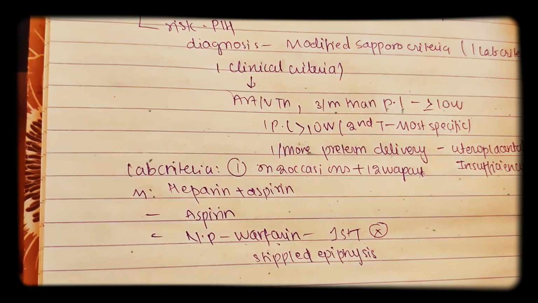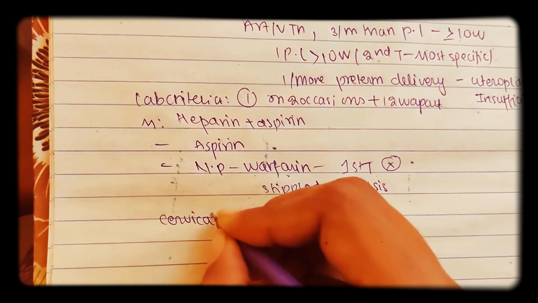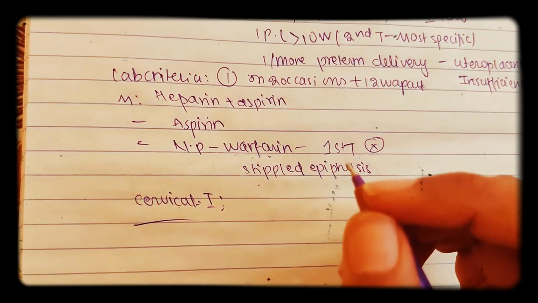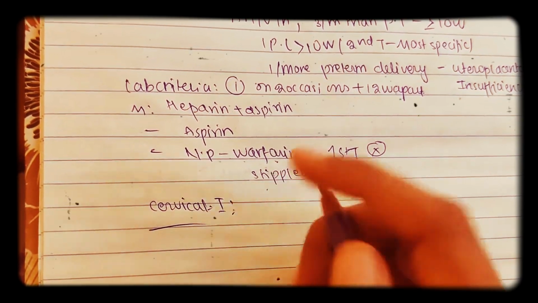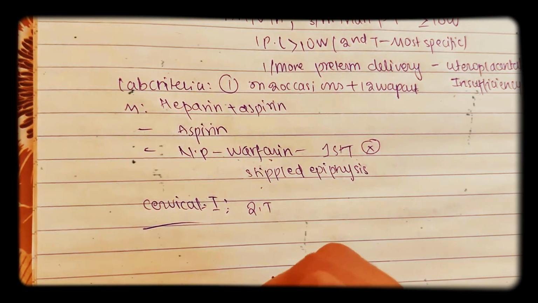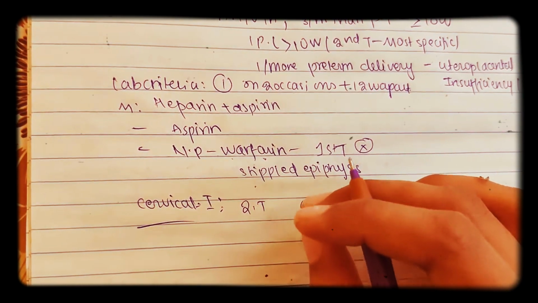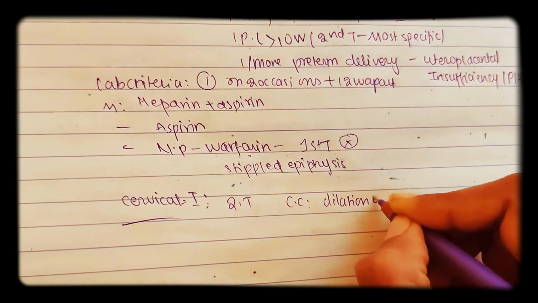Now coming to cervical incompetence. As we discussed the reasons for recurrent abortions, the second most common cause is cervical incompetence. It is the most common cause of second trimester recurrent pregnancy loss. For this, the clinical criterion is painless dilation of the os.